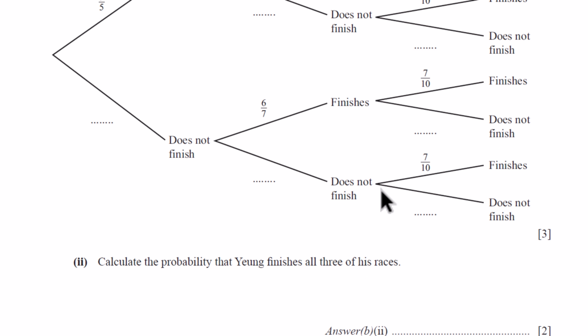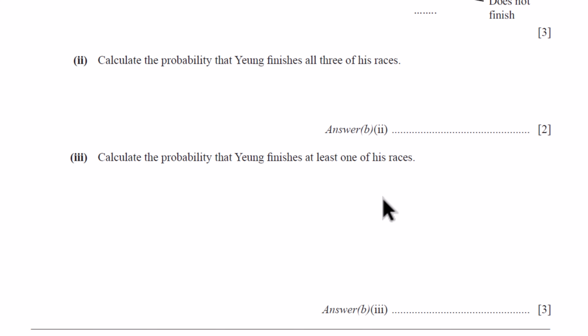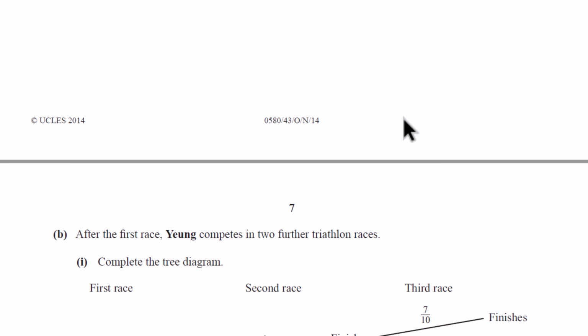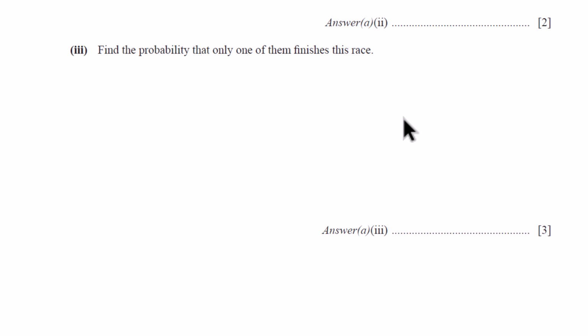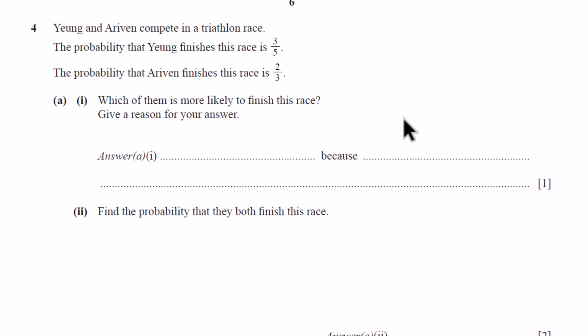But then we are asked to calculate the probability that Young finishes all 3 of his races, and also the probability that Young finishes at least one of the races. This is where the major work is. The other ones are considerably simple to do. But without wasting much time, let's go back to the beginning and quickly see how to solve this.